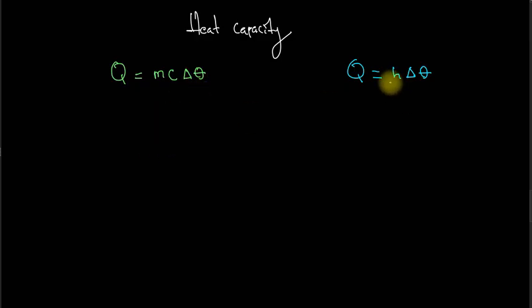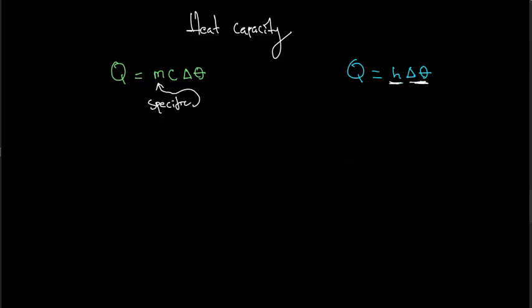While heat capacity is the amount of heat lost or gained for every degree rise or fall in temperature, irrespective of mass. So heat capacity does not depend on mass, but specific heat capacity is dependent on mass.